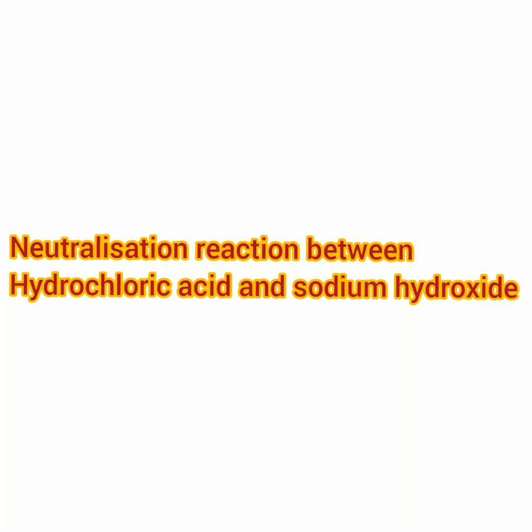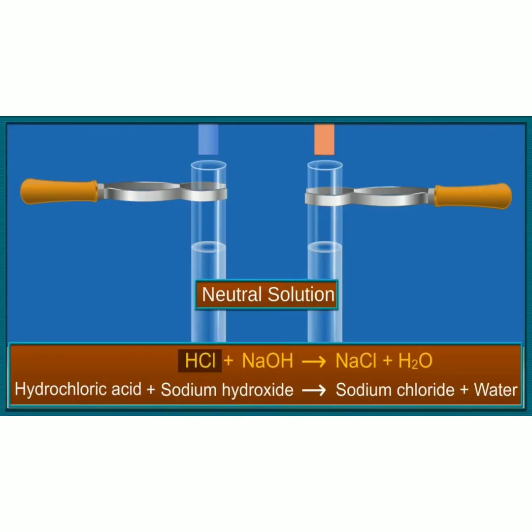Here, the neutralization reaction between hydrochloric acid and sodium hydroxide can be written as hydrochloric acid, that is HCl, plus sodium hydroxide, that is NaOH, gives sodium chloride, that is NaCl, which is a salt, and water, that is H2O.